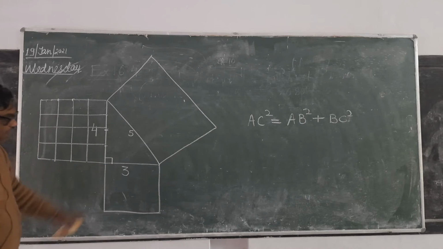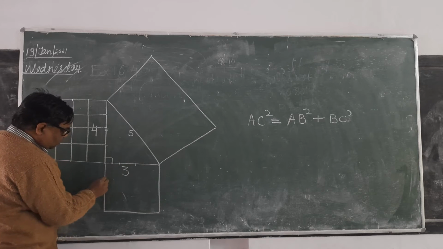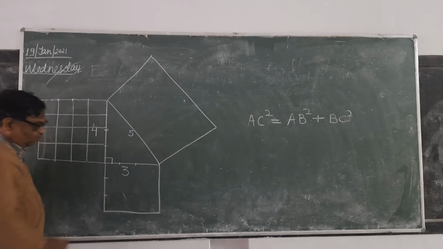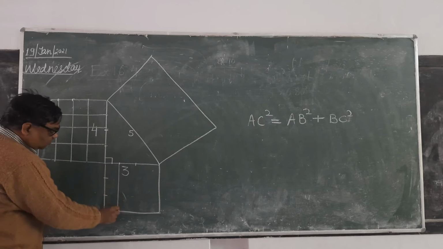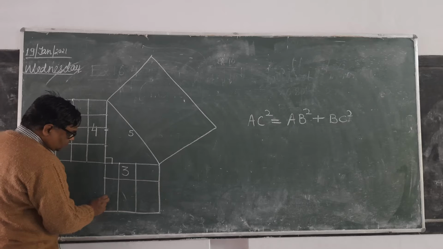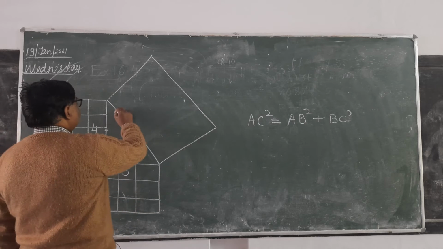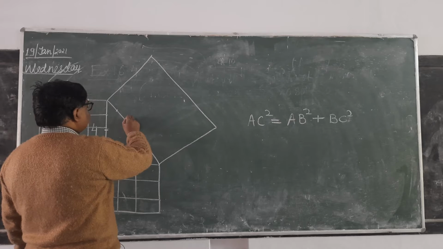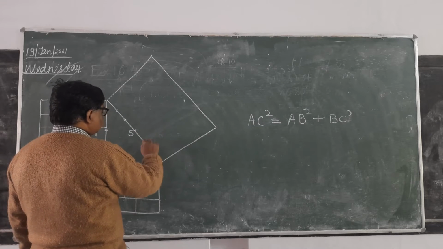Similarly, here you divide it into segments of 1 centimeter. How will you divide each side? In segments of 1 centimeter. And here you divide in segments of 1 centimeter. So there will be how many segments? 5 segments. It is clear?